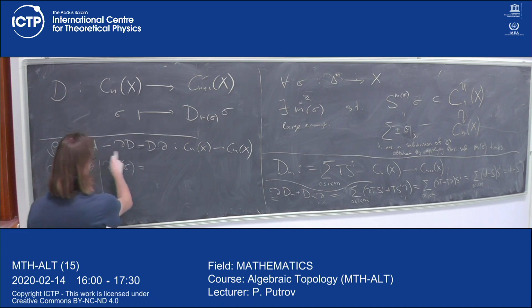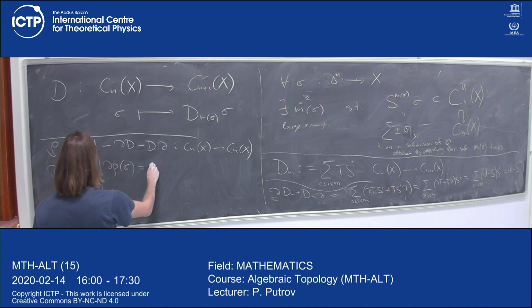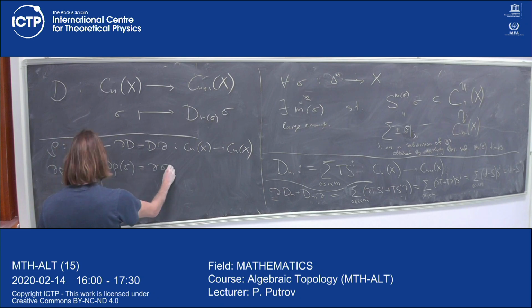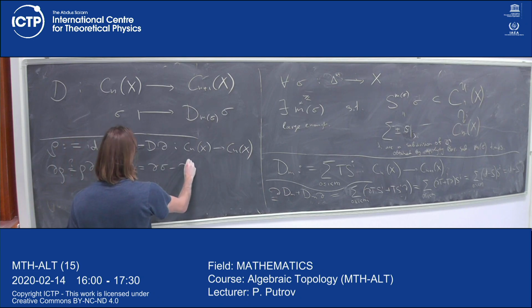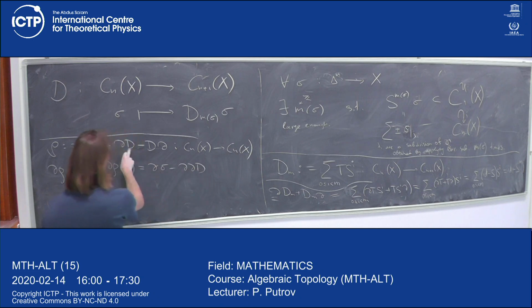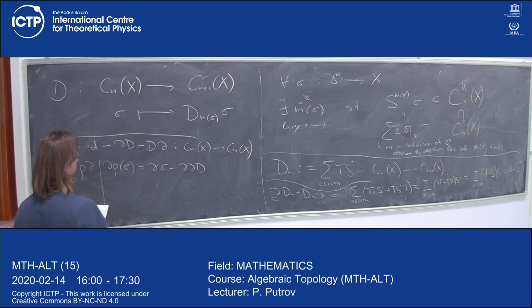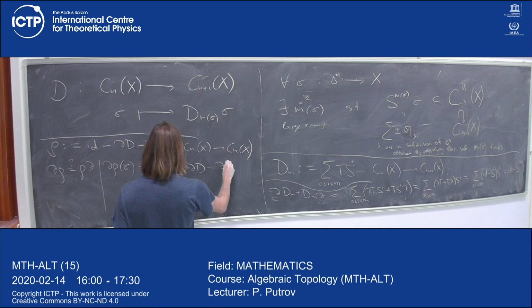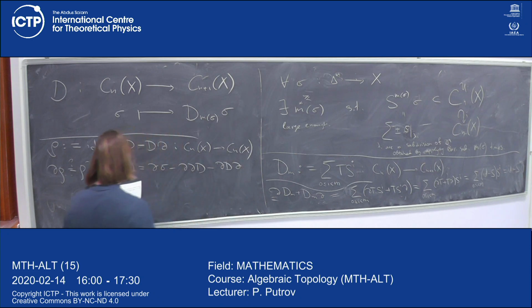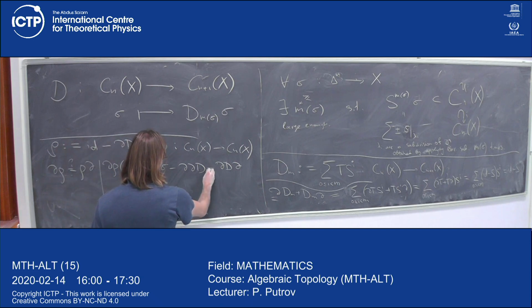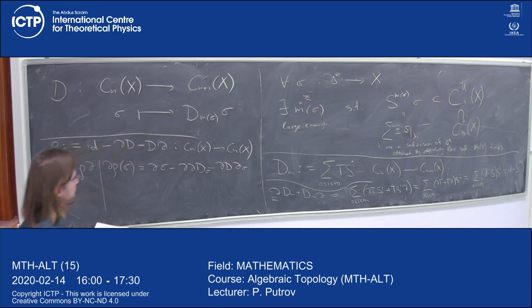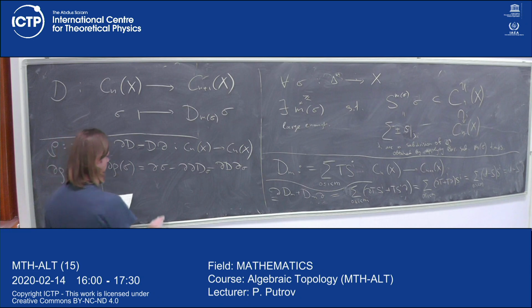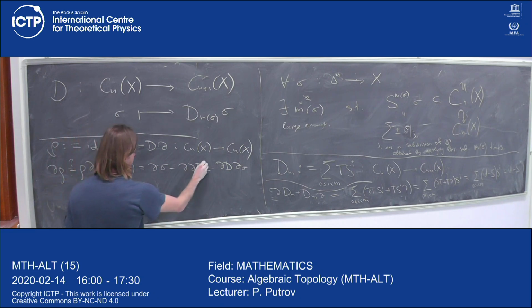This will be, by definition, D of sigma minus d big D of d sigma, and so then, okay, this is 0.